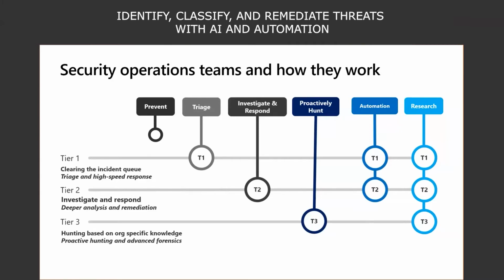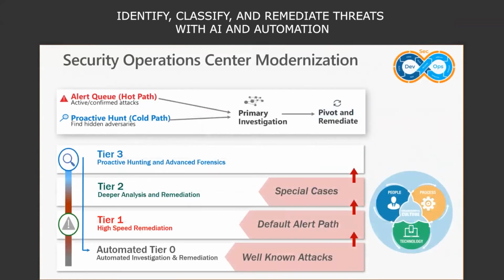So let's examine the flow within these 3 tiers of SOC. Automation should be considered your tier 0, if you look at the bottom of this diagram. To start with, it is supported by artificial intelligence and machine learning. And if we consider the path to detect and resolve problems, there are 2 distinct paths.